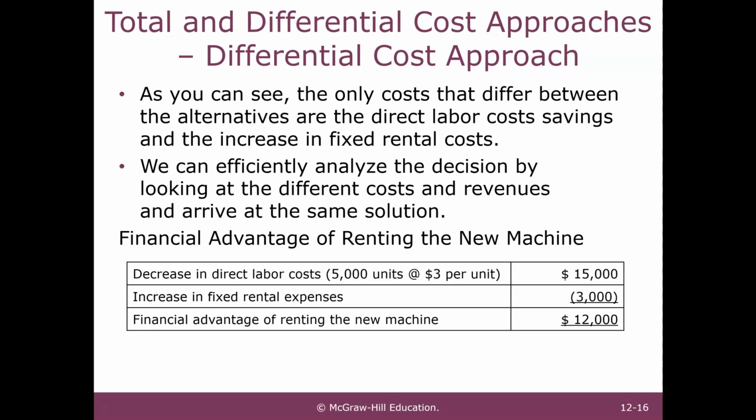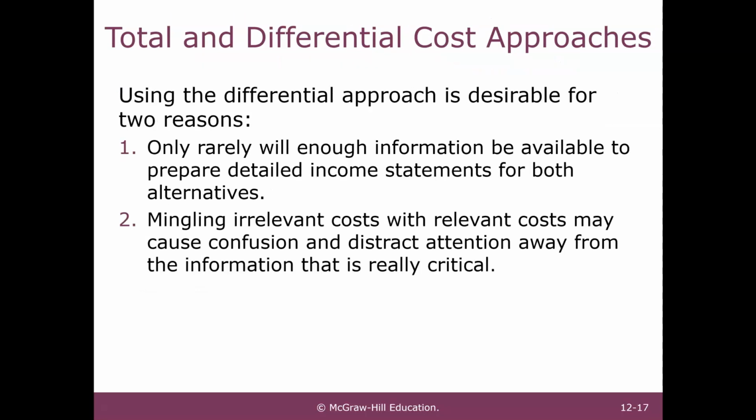And this just sums it up the same. We will save $15,000 in labor costs. We will incur a $3,000 rental fee, so the financial advantage of running the new machine will be the $12,000.